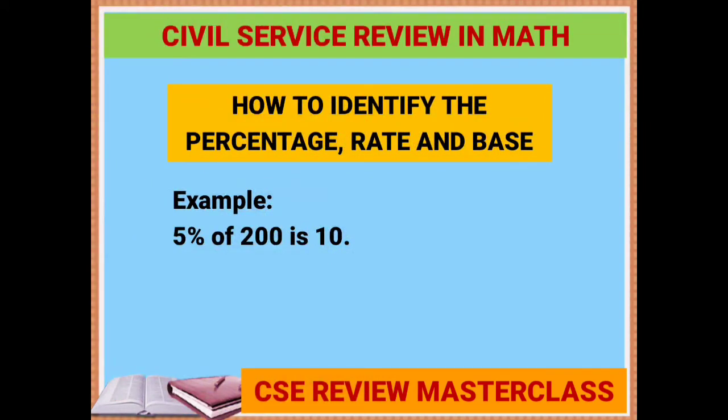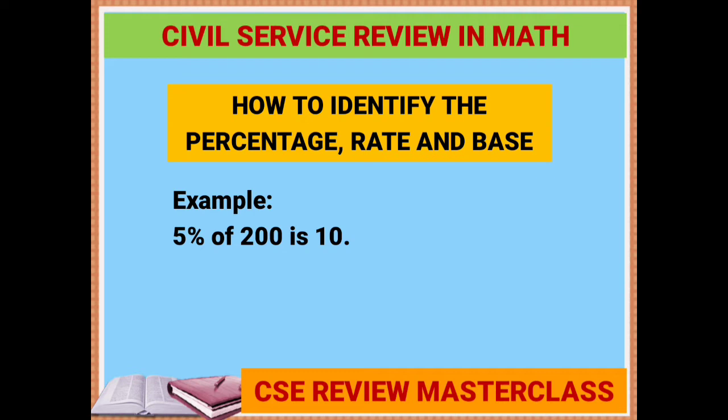Now, let's go next to the second example. 5% of 200 is 10. So try to analyze this mathematical sentence. Once again, percentage is part of the whole. So the percentage here is 10 and the rate is always followed by percent sign.